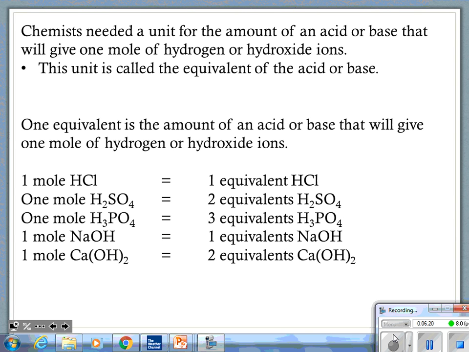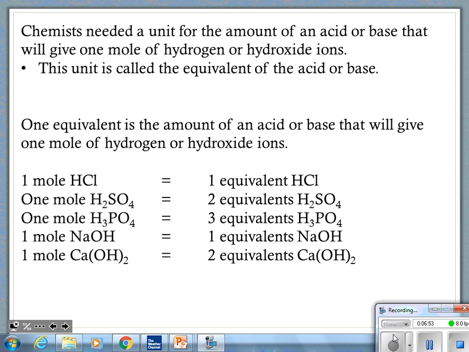Now, I discussed with you earlier that chemists decided that they needed a unit for the amount of acid and base. This unit would allow them to calculate the neutralization values that we were doing with the titration more easily.